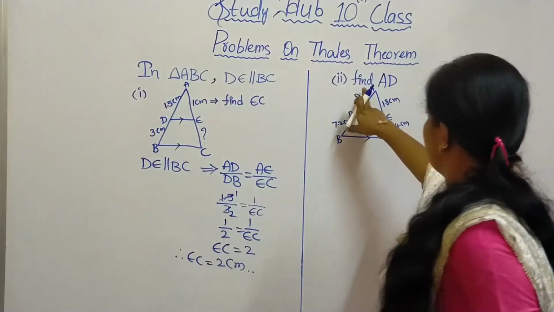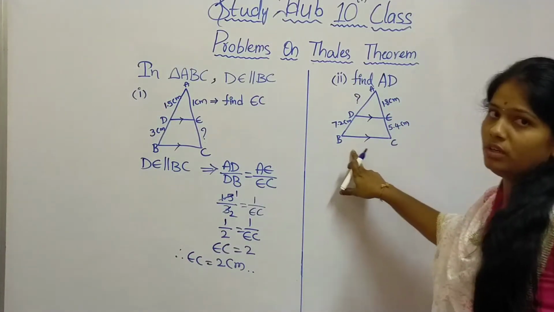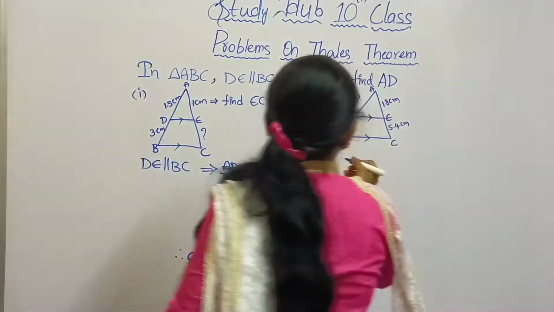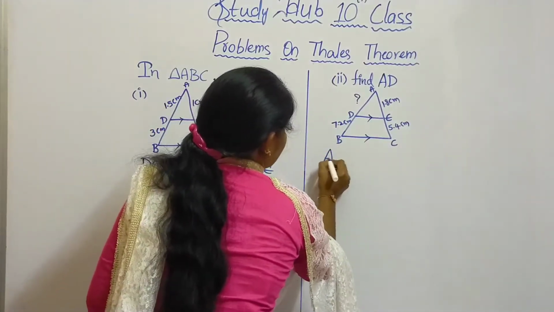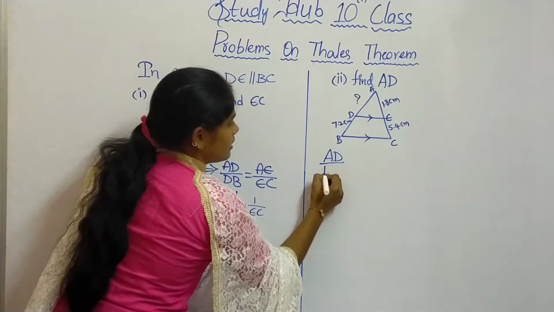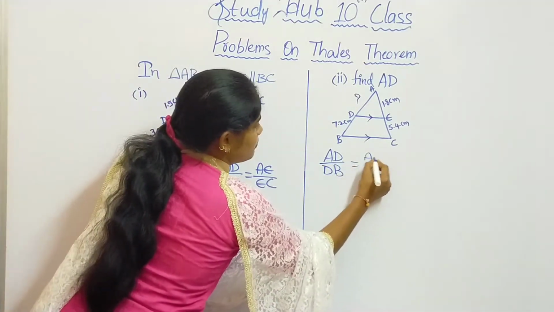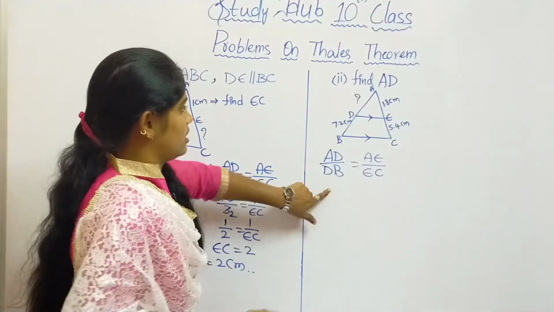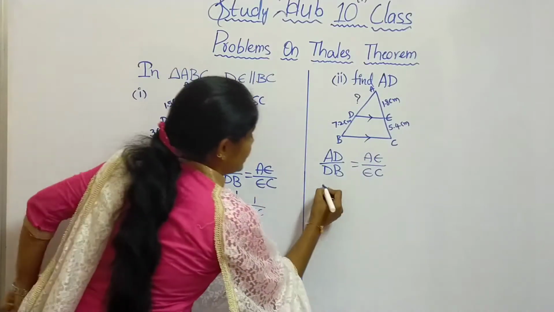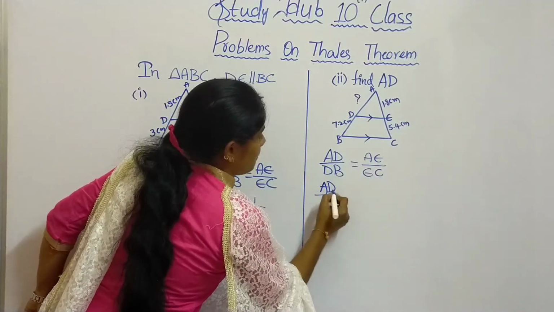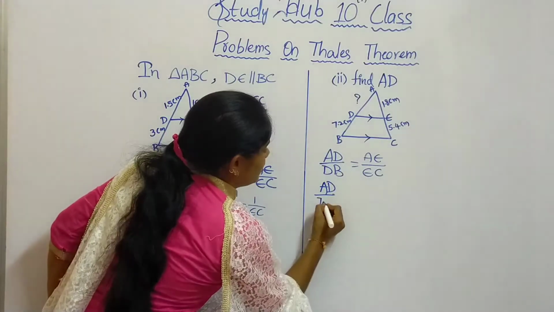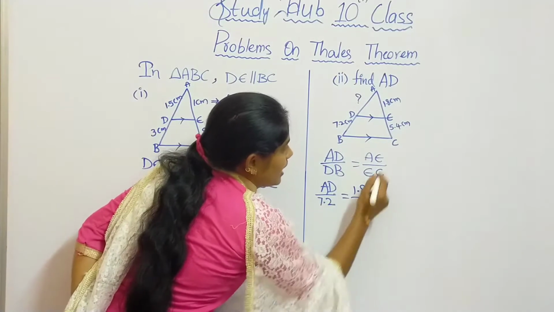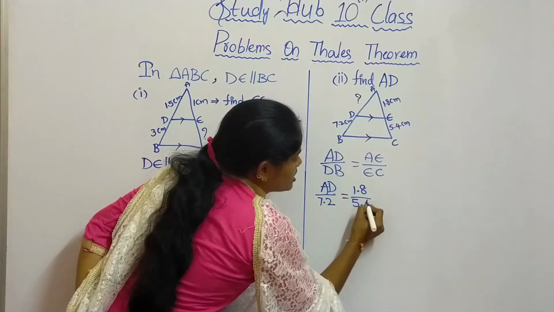Let's see the next one. Here also DE is parallel to BC, find the value of AD. According to the Thales theorem or BPT theorem, we can write AD by DB is equal to AE by EC. Now let's substitute the given values. The AD value we need to find, so let it be as it is. DB is 7.2 centimeters, AE is 1.8 centimeters and EC is 5.4 centimeters.